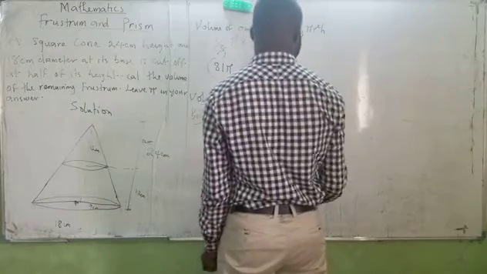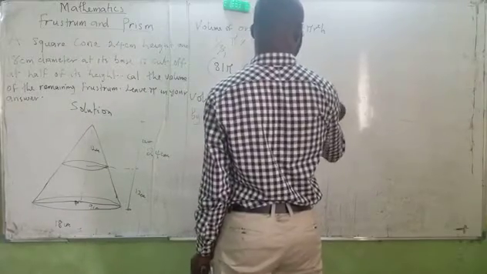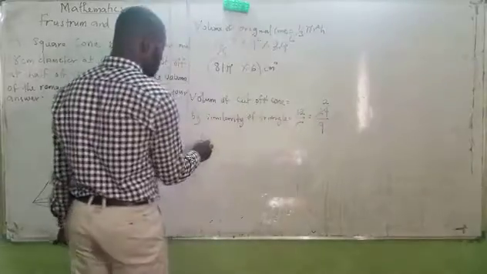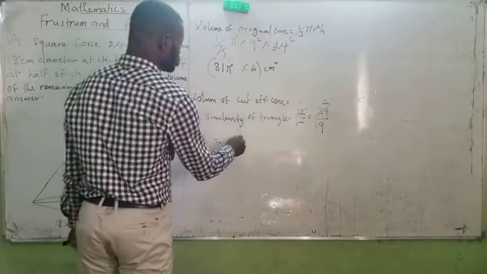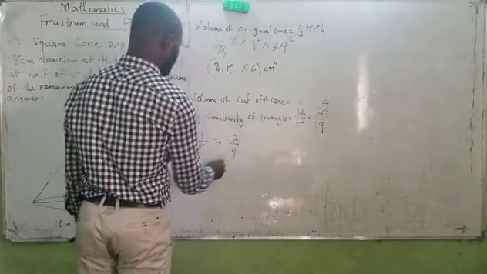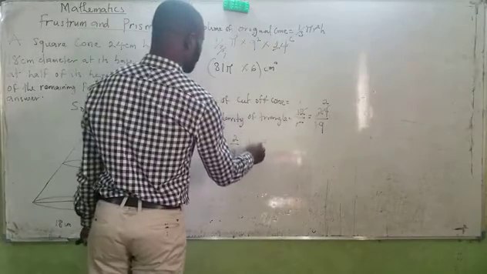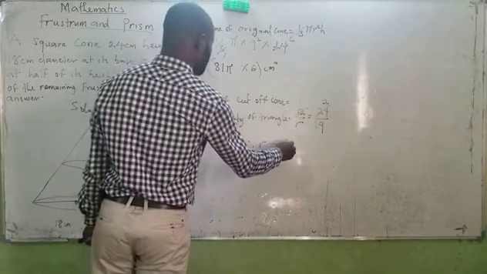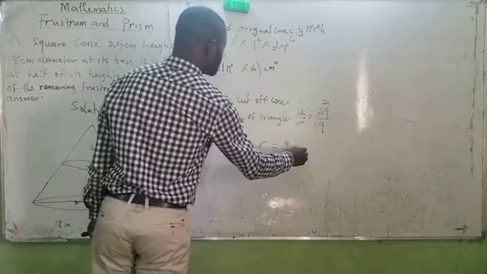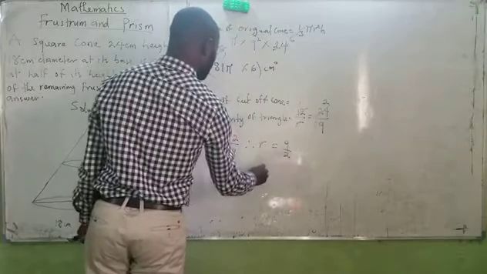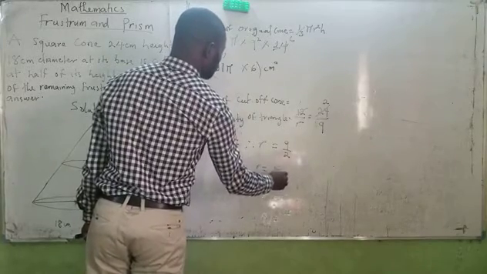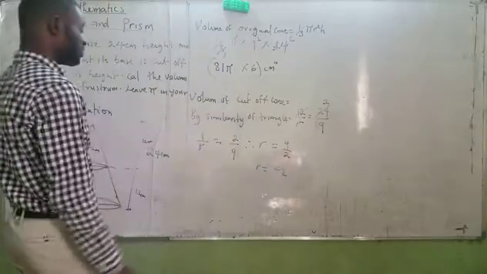Which I can simplify: 1 over R equals 2 over 9, therefore my R will be equal to 9 over 2, which is 4 and 1/2 centimeter.